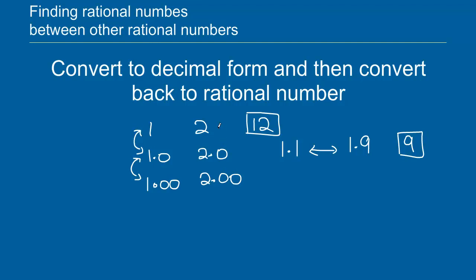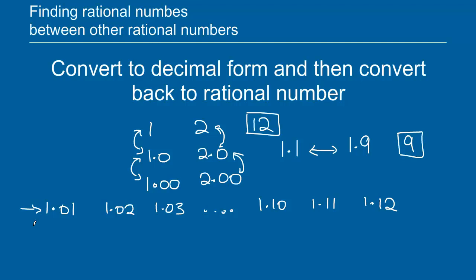The advantage that we have here is now we can easily find 12 rational numbers between these two, because we can write them as 1.01, 1.02, 1.03, and so on and so forth, 1.10, 1.11, 1.12.